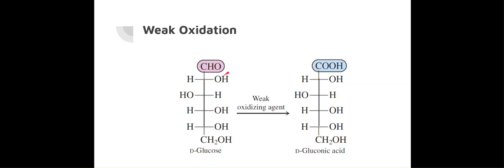And this is referred to as D-glucuronic acid. Again, I don't think I'm going to make you name this stuff anywhere, but knowing that an enzyme does this, whereas a strong oxidizing agent goes after both of these groups, and a weak one is only going to attack the aldehyde, those are the key things to understand here.